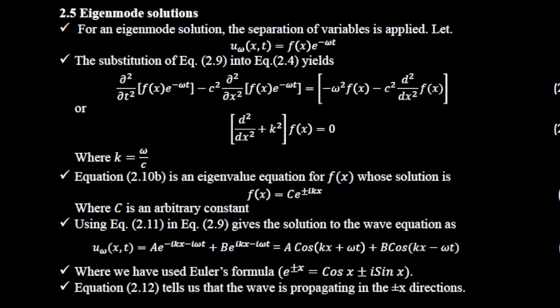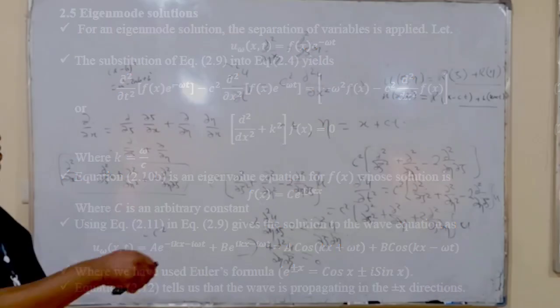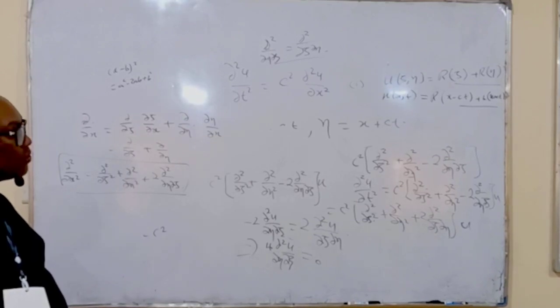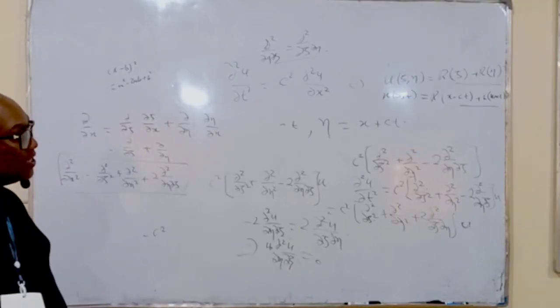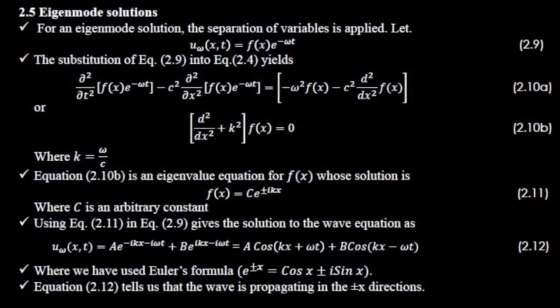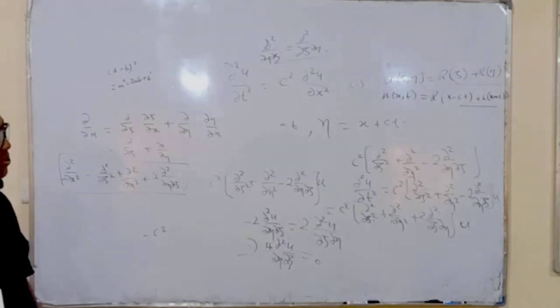Can we do that so that we don't take enough time? Differentiate the first one with respect to x and differentiate the second time. You put the value, you will have d2 f by dx squared, whereas the exponential gives you omega squared, which we now divide to show you that k is equal to omega over what? c. That gives you that equation. You can see that equation is very simple to solve. It's a wave equation. And then you want to solve that, you can easily make a substitution.